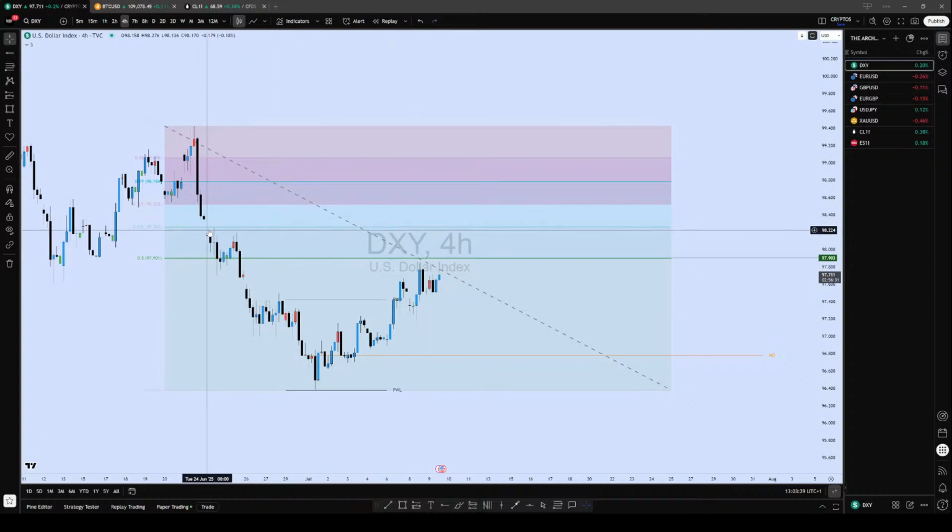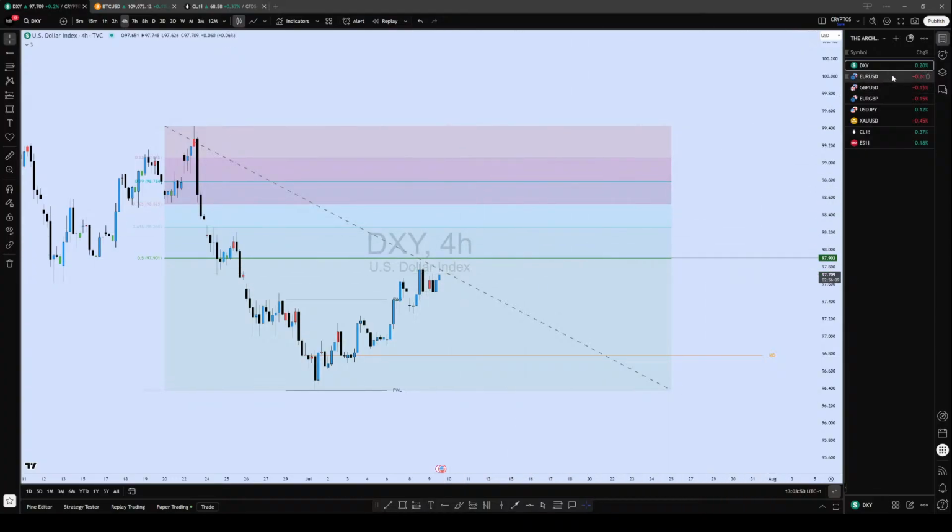So eventually they will be distributing above the first area of distribution, which is over here. So they will bump into the low and then above it. That is why we are looking for a continuation to the upside.